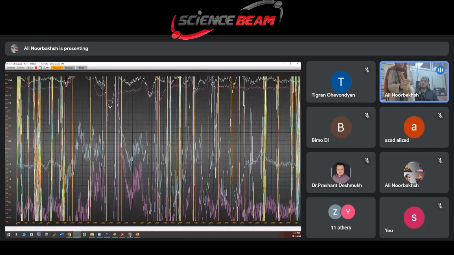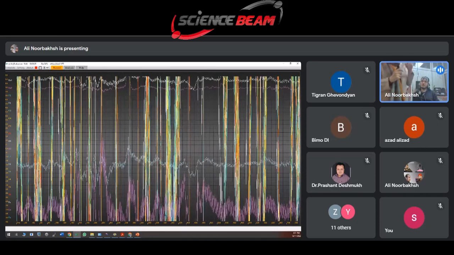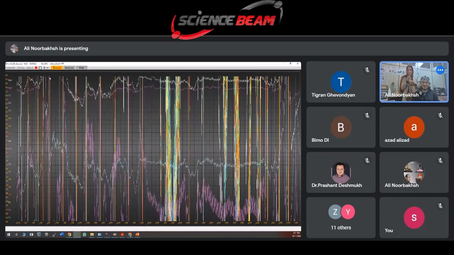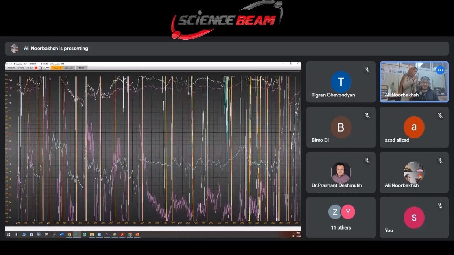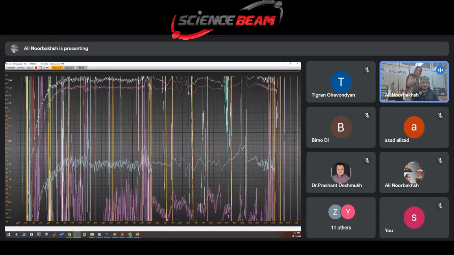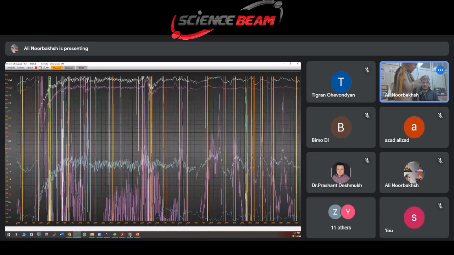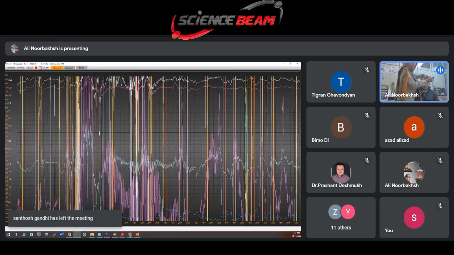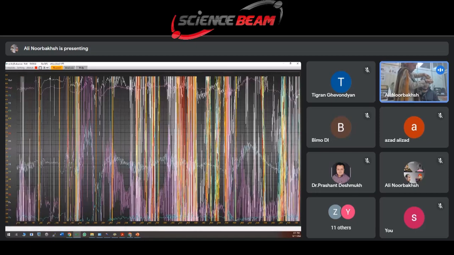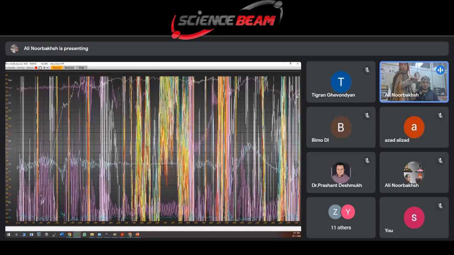Again, we need ultrasonic gel. Easy. If we inject gel, we can see good signal point. FP1, FP2.